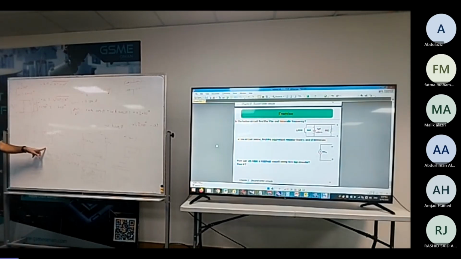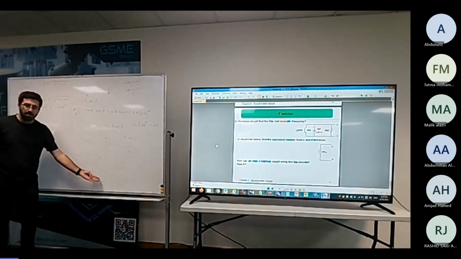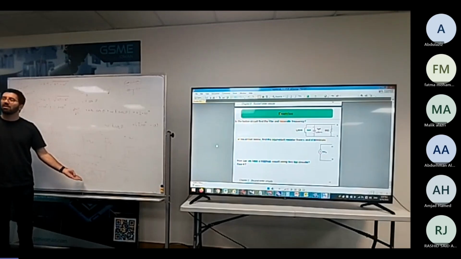So we remove the negative; the absolute value should be 1 over 50. If you put K as 1 over 50, this equivalent resistance is negative, and that cancels the positive resistance.